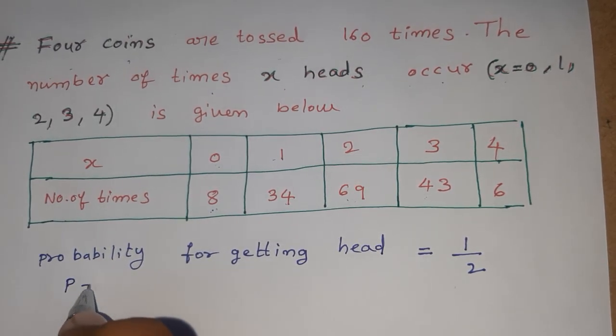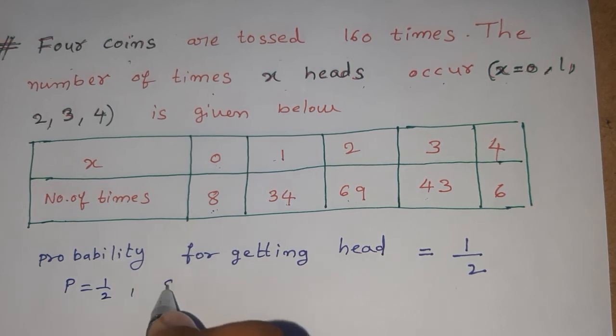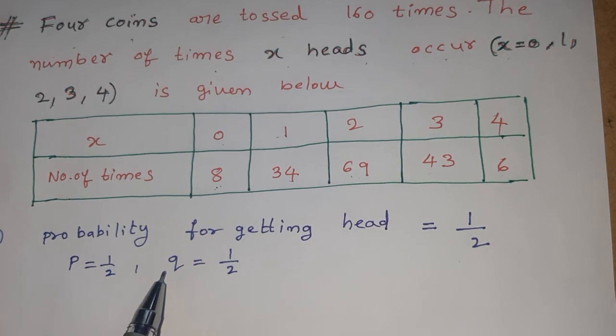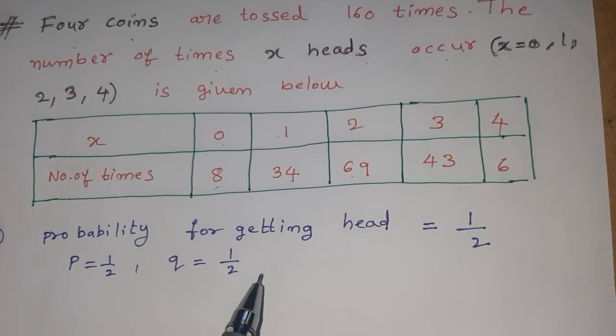That is, p is equal to 1 by 2. Therefore q is also 1 by 2, that is 1 minus 1 by 2. q is the probability of getting a failure.